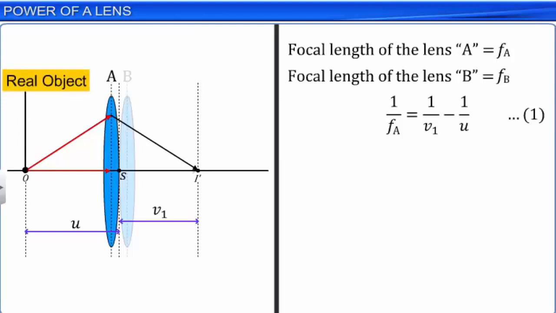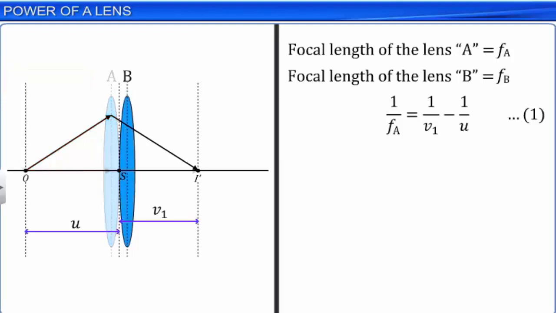Hence, for the second lens, I' acts as a virtual object. The ray of light is further converged to form an image at I. If the image I is at a distance V, then 1/FB is equal to 1/V minus 1/V1. Let this be equation 2.